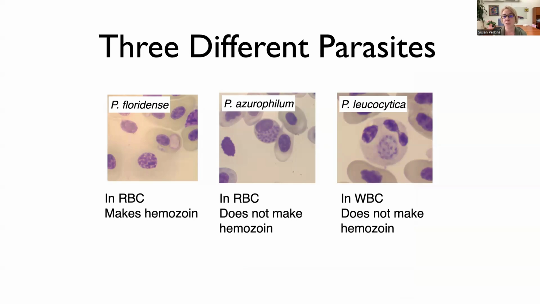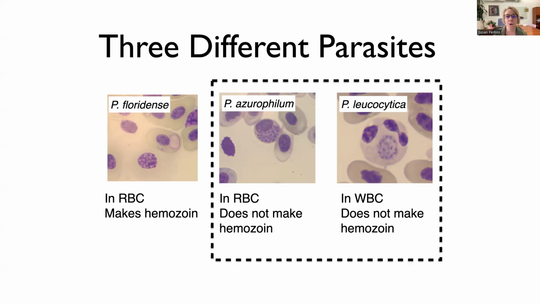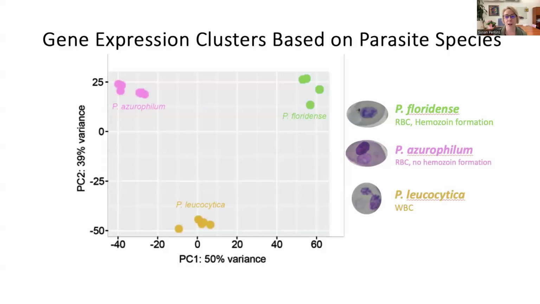So we don't know if it's making it and getting rid of it or it's not making it. And then Plasmodium leucocytica is a real oddball. Even though it's a Plasmodium, its sister taxon is Plasmodium azurophyllum. It uses white blood cells as its host, and it doesn't make hemozoin. So we really were interested in that group, of course.